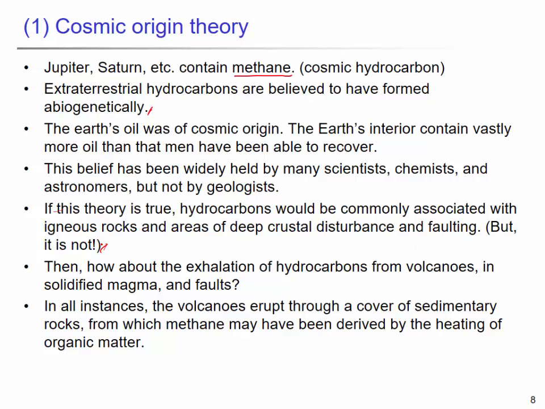If the cosmic origin theory is true, this hydrocarbon should be anywhere inside the Earth, so if there's any fault connecting to the mantle, then we should be able to find hydrocarbon seeping through that fault. But the truth is we haven't found it yet. So this theory is not very strong in that sense.